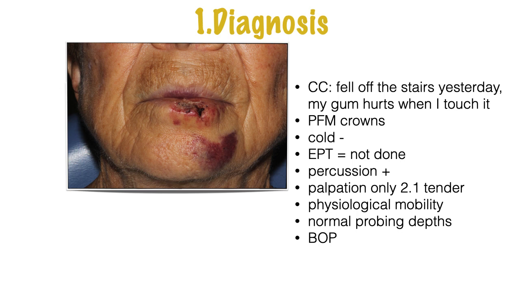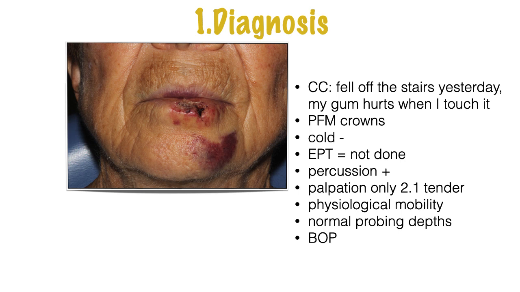There's another case to illustrate the use of CBCT during diagnosis. This patient fell off the stairs, and this is how she presented to the clinic. She had PFM crowns in all anterior teeth, so we knew, with recent trauma, perhaps these teeth wouldn't be responding properly to the tests.